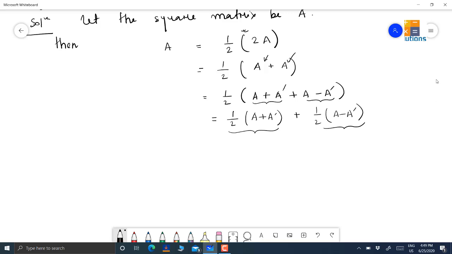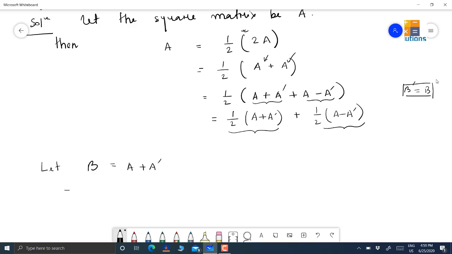I consider here, let capital B be equal to A plus A dash. For symmetric properties, I have to get what? Transpose of any matrix B should be equal to the matrix B. This is the property of symmetric matrices.